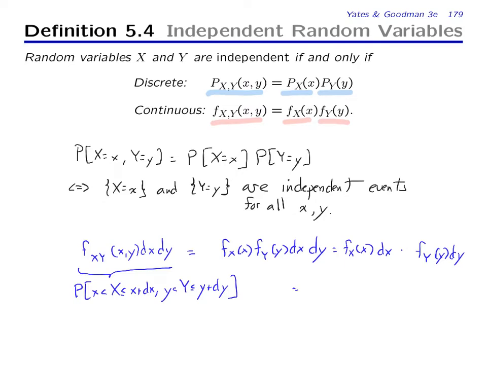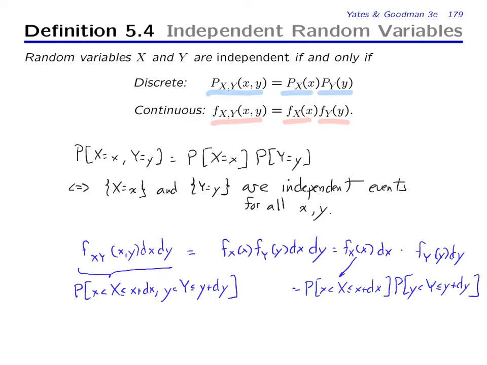And over here on the right-hand side, we have the probability that x is between x and x plus dx. That's what this marginal PDF times dx tells us, times the probability that y is between y and y plus dy.